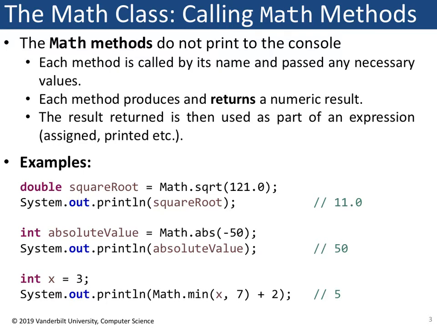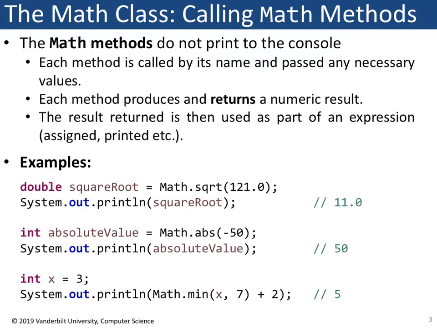And this value 50 is assigned to the integer variable absoluteValue. So we have an integer variable called absoluteValue, and we assign it the value which results from the absolute value operation of negative 50. So absoluteValue now has a value of 50. When we print that to the console, 50 prints out.